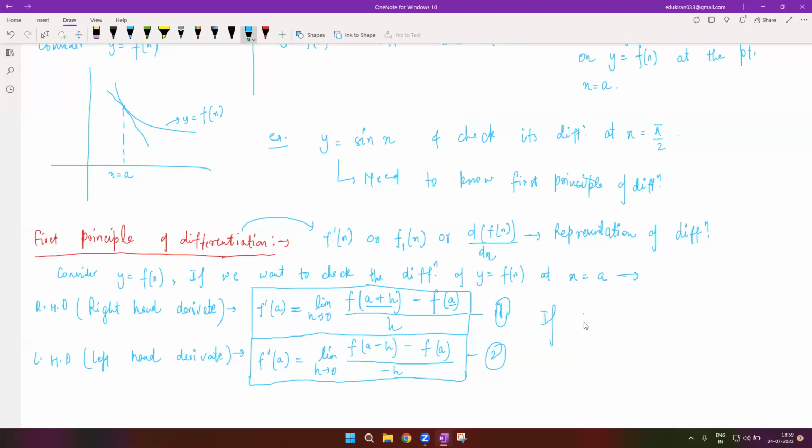Then if 1 is equal to 2, it means the given function is differentiable.